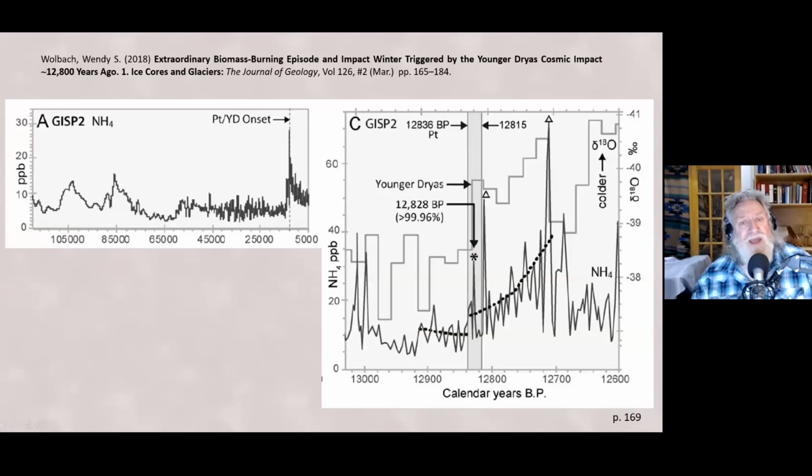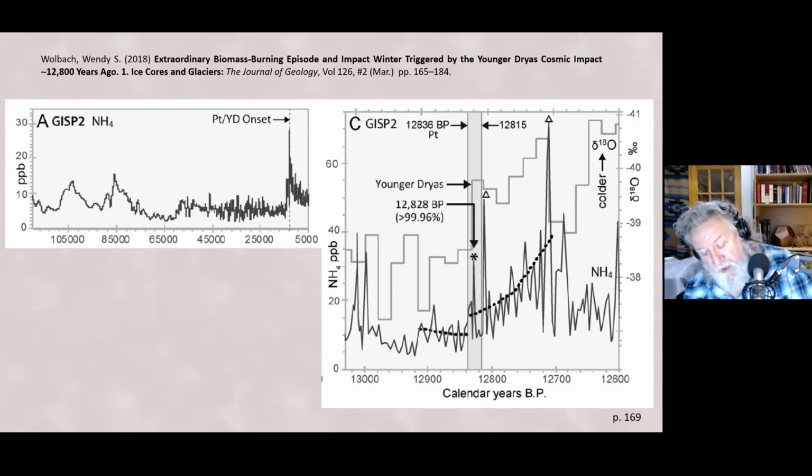If we look at these graphs, here's one that goes back way back. So we started 5,000 years ago, back to, well, let's see, that's 105,000 years ago. So this is what the caption to that particular graph says.